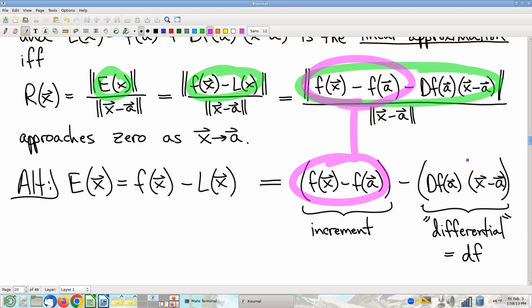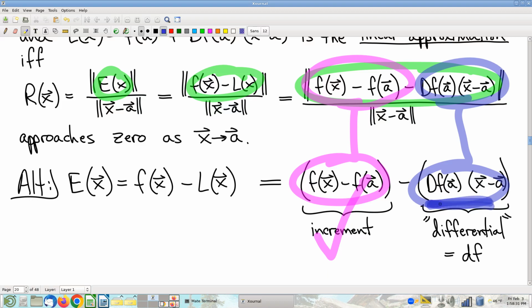This thing here is called the increment. Increment means the actual change in the value of the function. And this thing over here is our linear estimate of that increment. And of course, y'all may recall linear estimates of changes is what we mean when we say the word differential. A differential is a linear estimate of how much something changed. So this is literally that estimate. Okay, so heads up on that terminology.